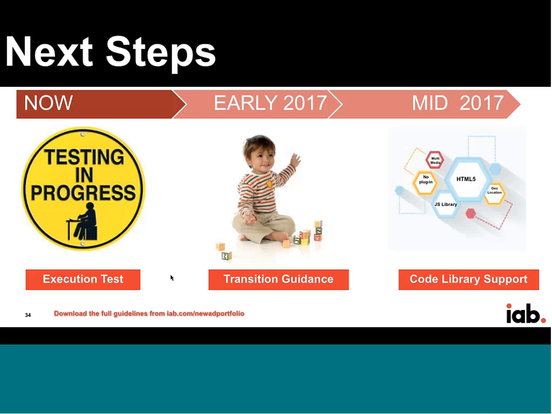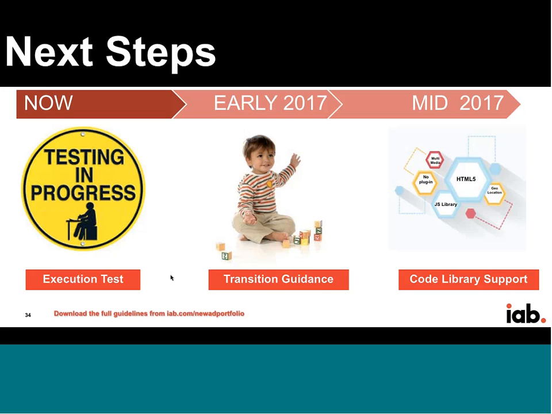So the document that we have today is a pretty short document, but we're going to expand on that tremendously to include step-by-step guidance for publishers, for advertisers, and for ad tech vendors as to what they need to do to transition. All of that we're planning for between early and mid 2017.